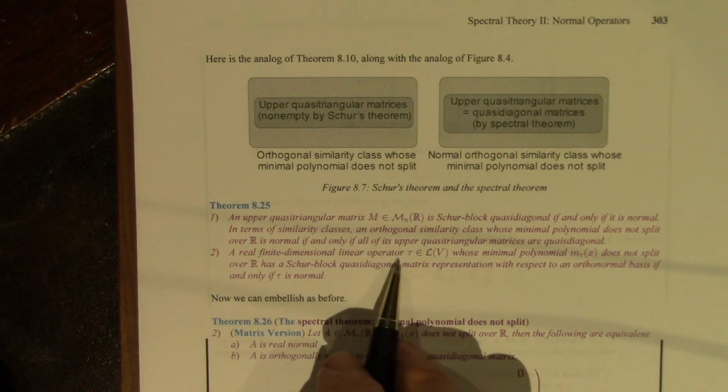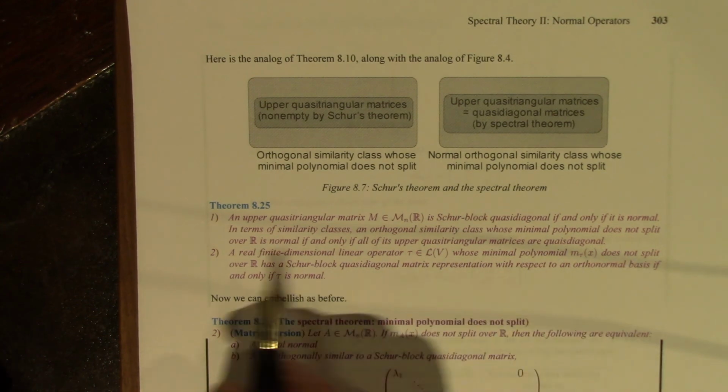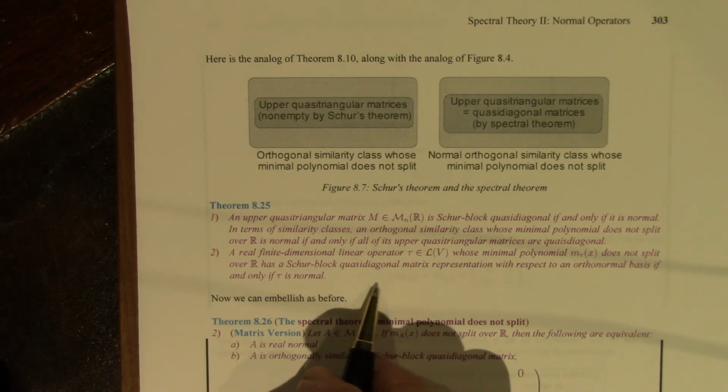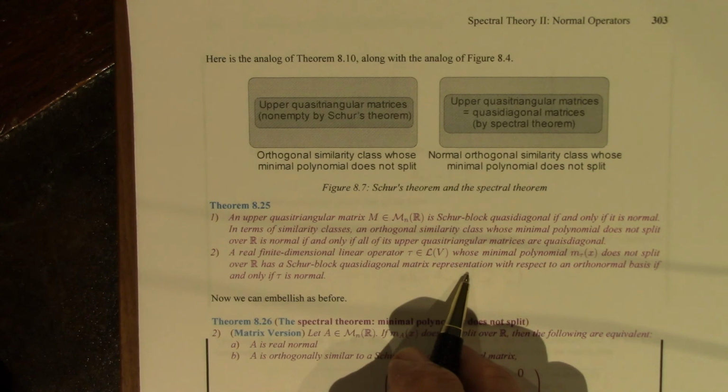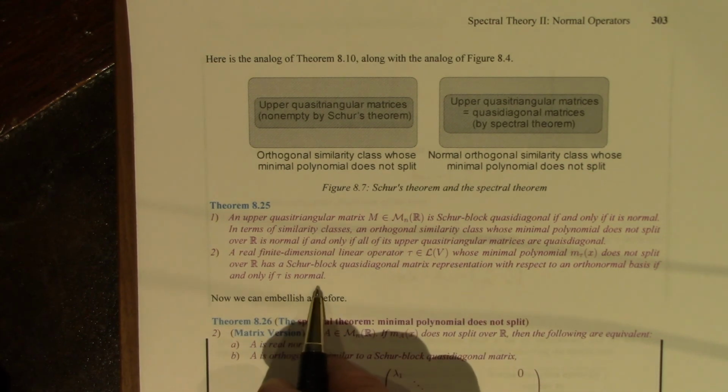A real finite dimensional linear operator whose minimal polynomial does not split has a Schur block quasi-diagonal matrix representation with respect to an orthonormal basis if and only if tau is normal.